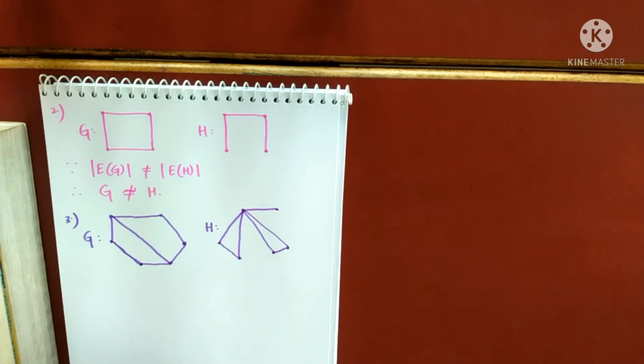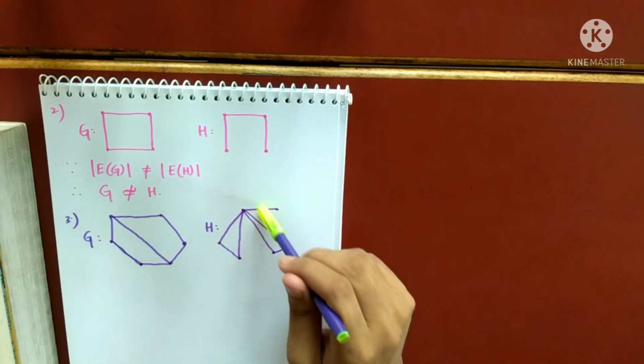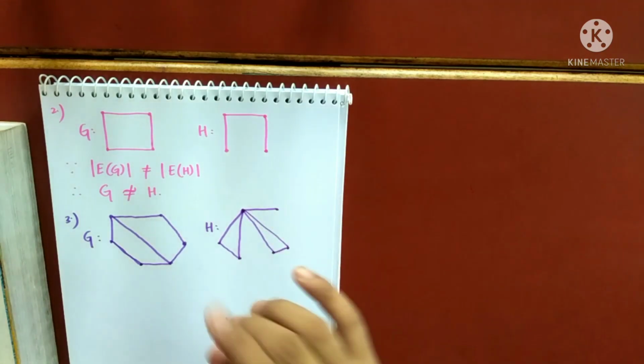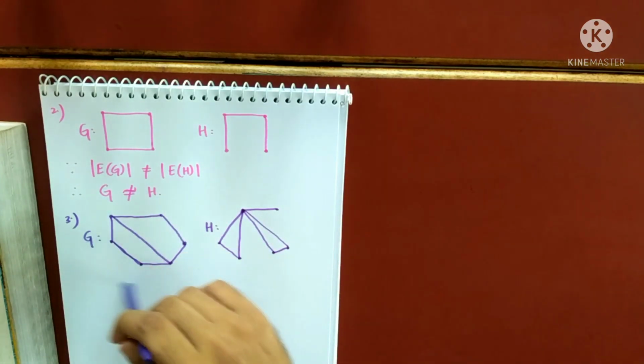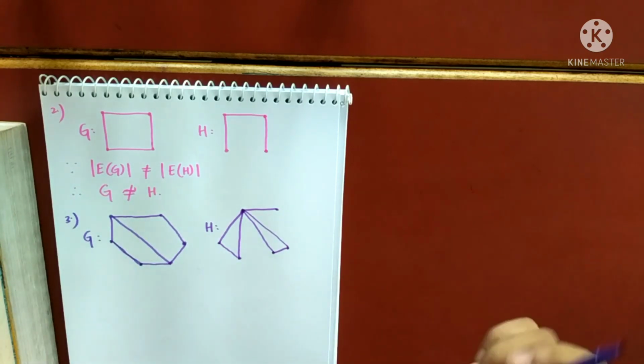You see, this graph has a vertex of degree 5, but here there is no vertex of degree 5. The highest degree that you can see is 3.